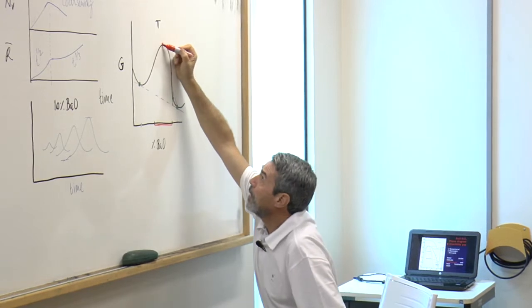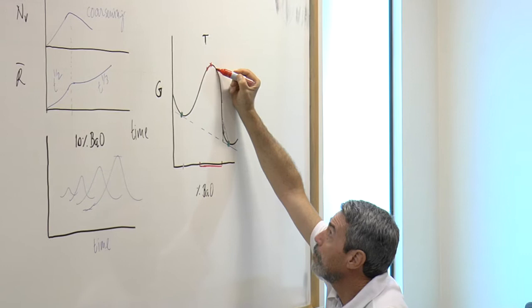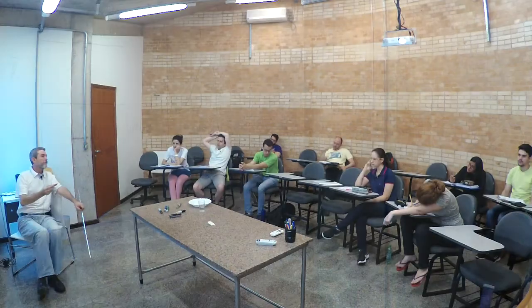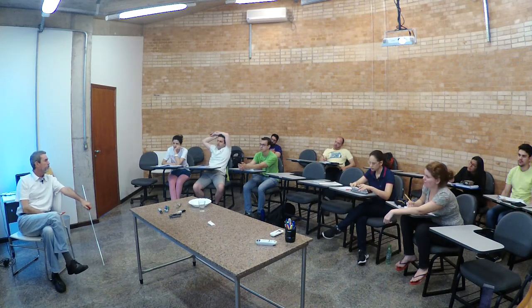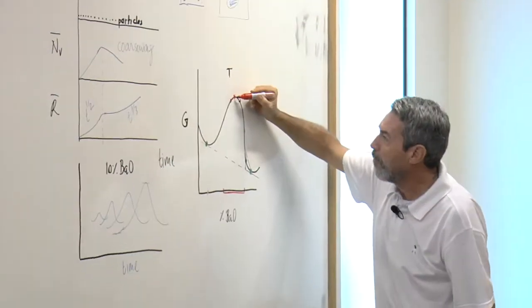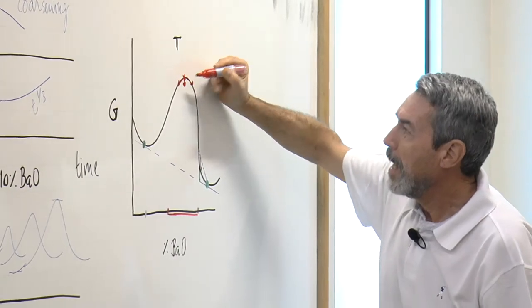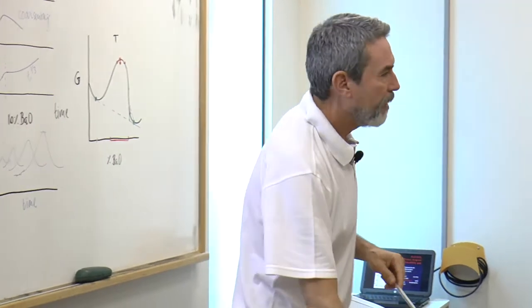If I have a fluctuation here, what happens to the free energy? It decreases. So for this type of fluctuation, there is a spontaneous decrease of the free energy.